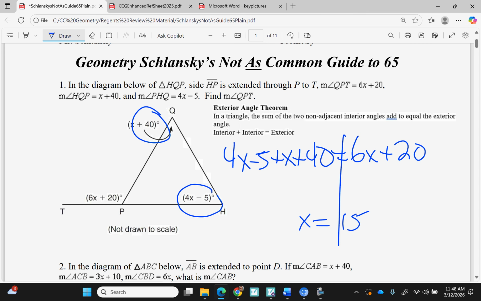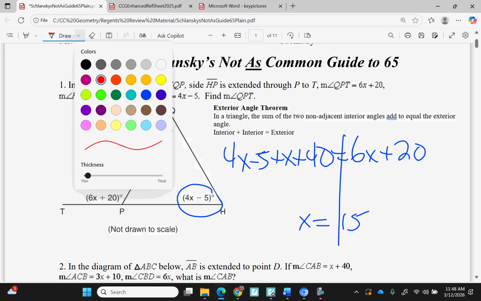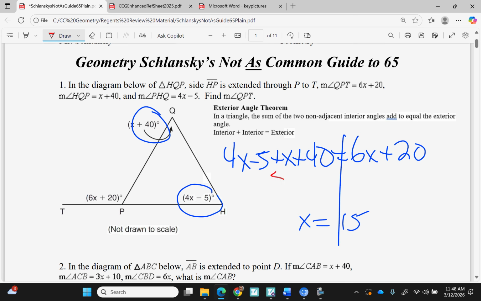Or, of course, we can do the algebra. If you can do the algebra, combine like terms: 5x plus 35 equals 6x plus 20. Minus 5x, minus 5x. 35 equals x plus 20. Minus 20, minus 20. X is 15.